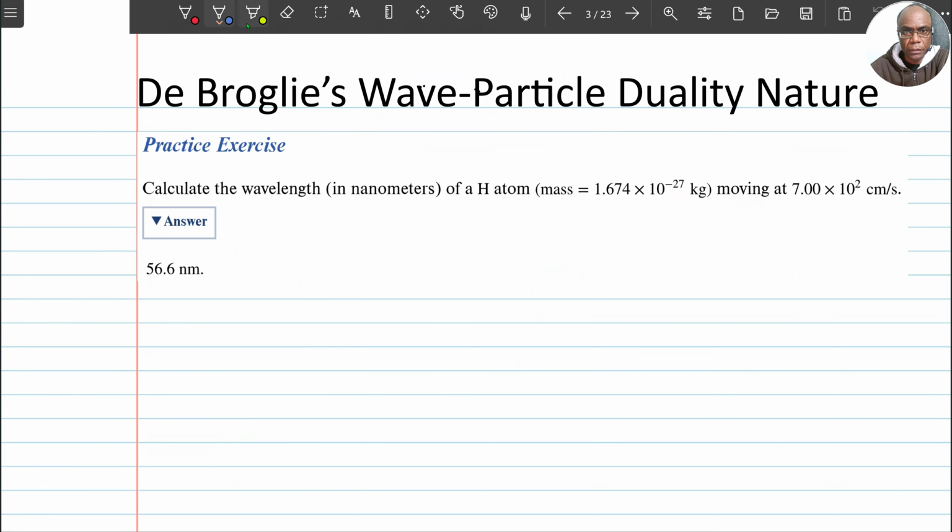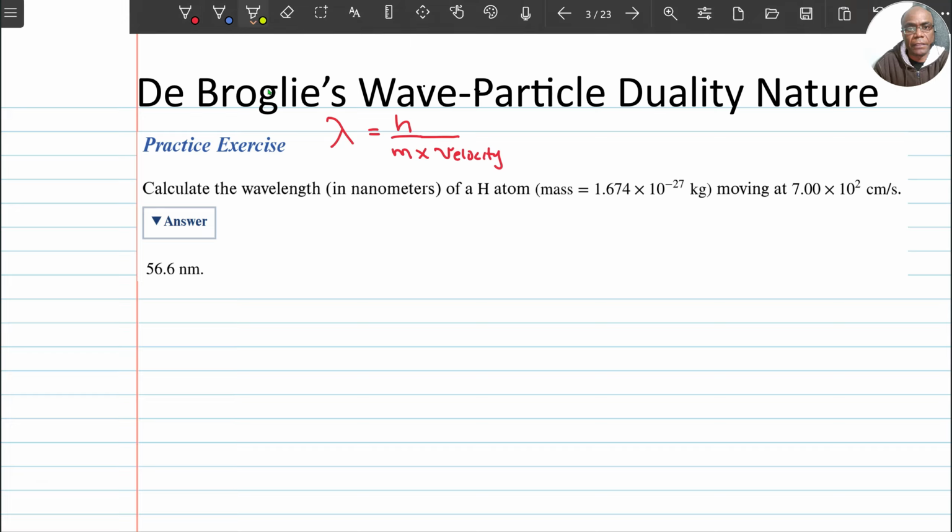Here is another question exploring de Broglie's, the scientist's, wave-particle duality equation. And that equation, I'll keep reminding you, is that wavelength, the wave property of a particle, will be equal to Planck's constant h over the mass of the particle or matter in kilograms times the velocity in meters per second.